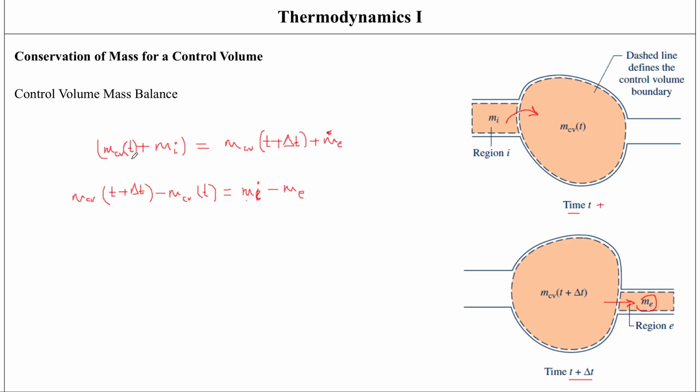Because you're moving m_e onto this side of the equation, so m_i minus m_e.